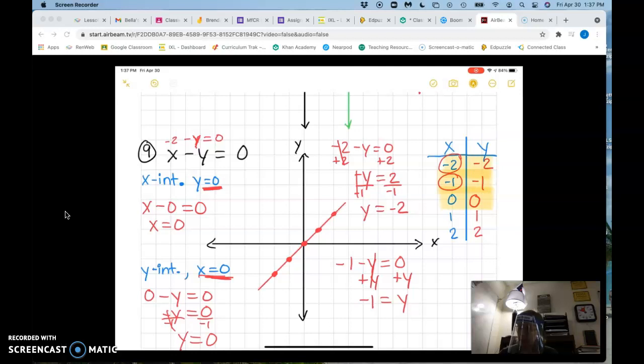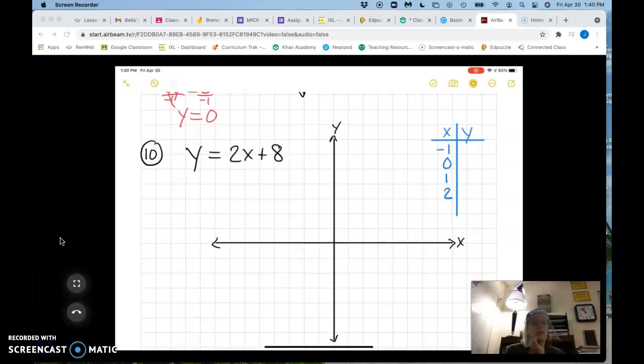Connect the dots, and there's my line for this equation, x minus y equals 0. Remember that whatever you pick, you have to graph. That's why I don't pick like 10 or 12, because if you pick 10 or 12, then you've got to go out 10 on the x-axis, and that's a long way. So I like to keep it close to my origin.